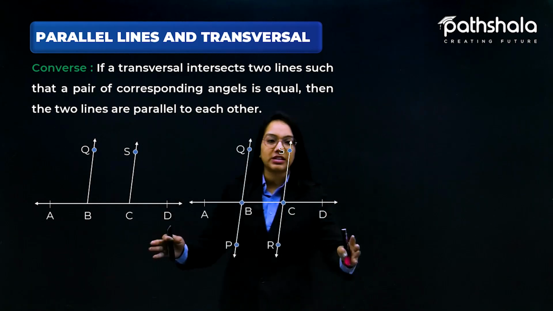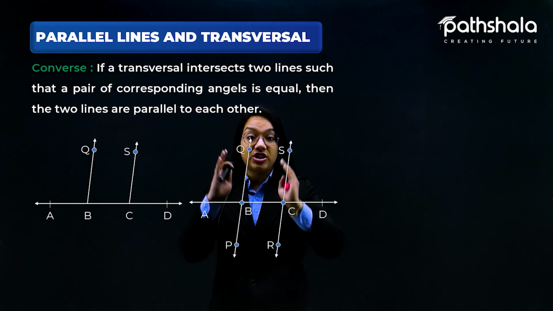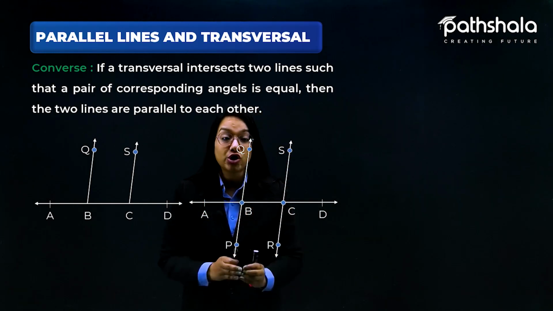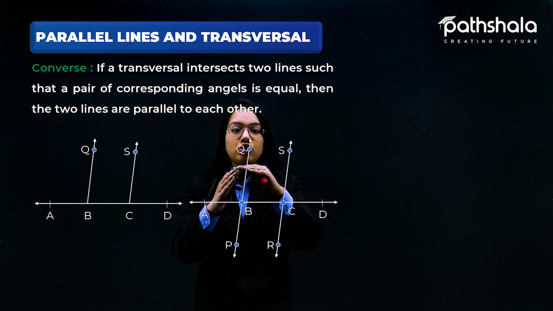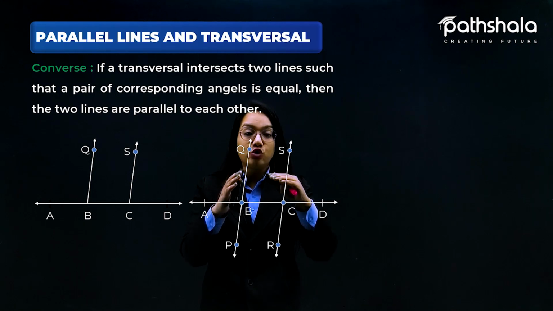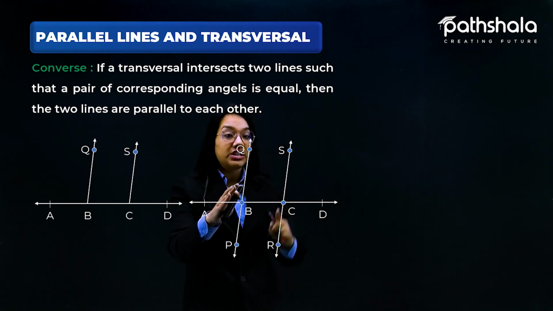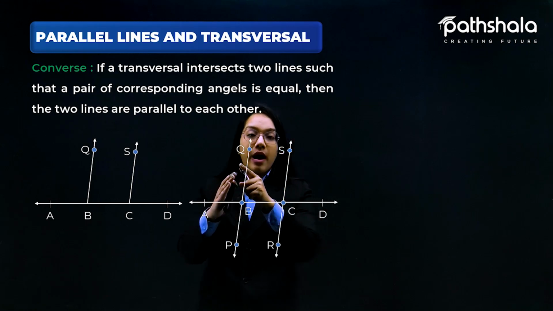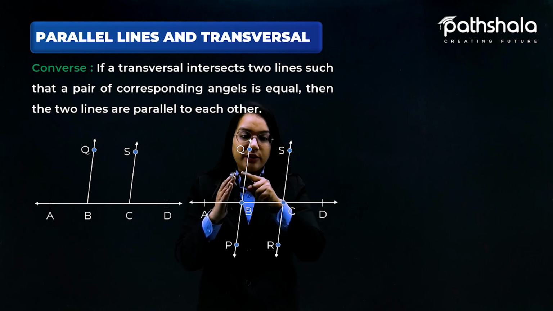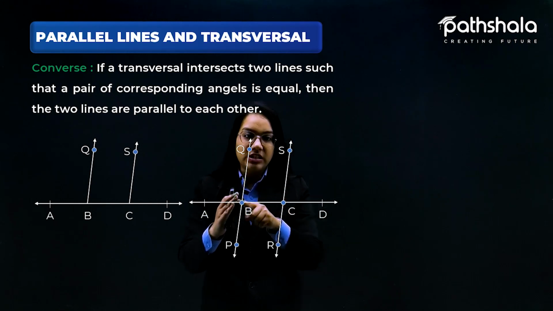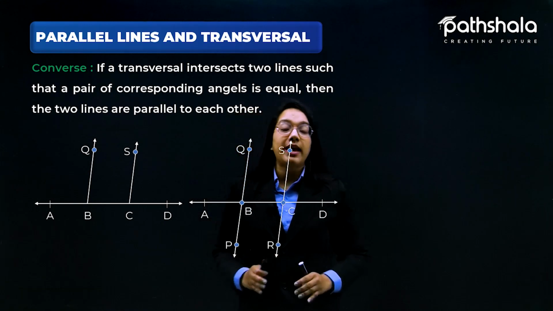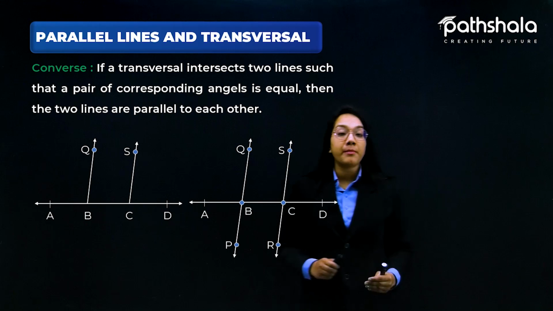Let us suppose this is the figure that I get after extending QB and SC towards P and R. If I measure the distance between these two lines, remember the distance must be perpendicular, at any two points, that distance comes out to be equal.